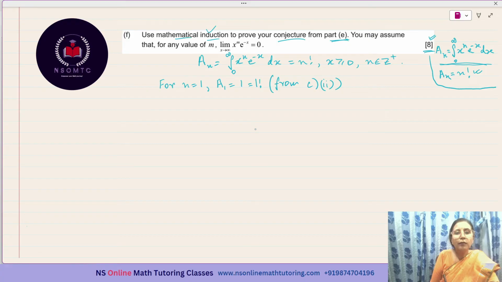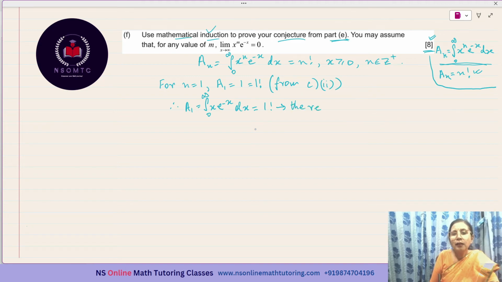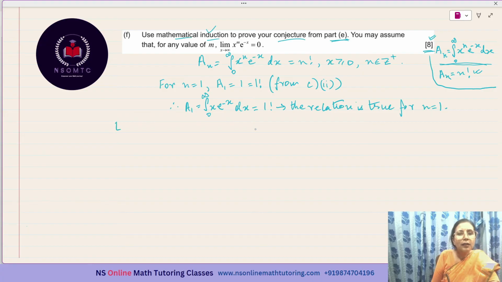Okay, therefore a1 equal to the integral from 0 to infinity of x to the power of 1, because n is equal to 1. X to the power of 1 is x, so x times e to the power of negative x dx is equal to 1 factorial. Okay, this implies the relation is true for n equal to 1.